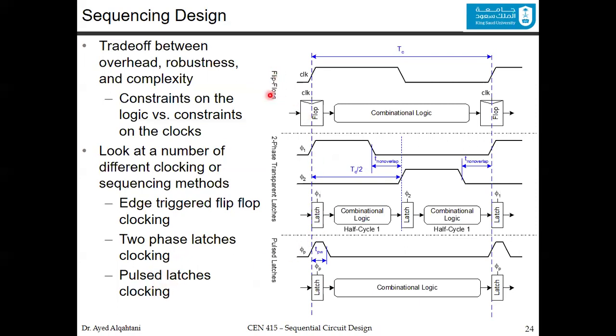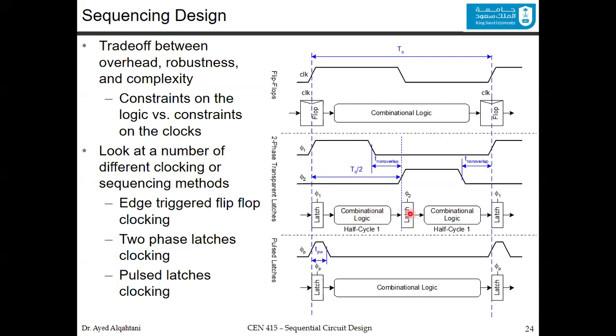If you look at the design of the flip-flop, you have a flip-flop, then a combinational logic, then another flip-flop. This flip-flop and this flip-flop work with the same clock. The two-phase transparent latch is a key difference from the edge-triggered flip-flops: it's a latch. You have a latch working with a certain clock, phi 1, and then a combinational logic.